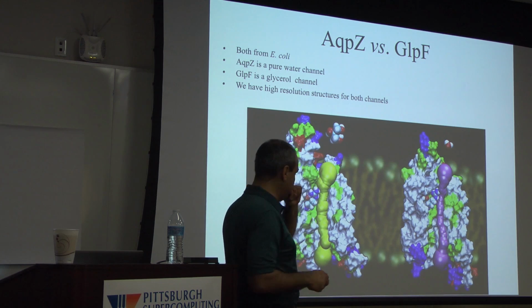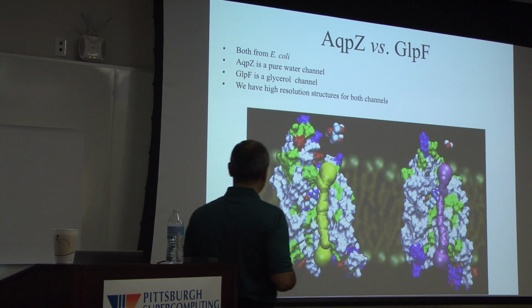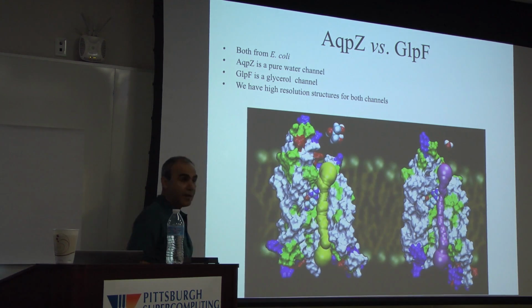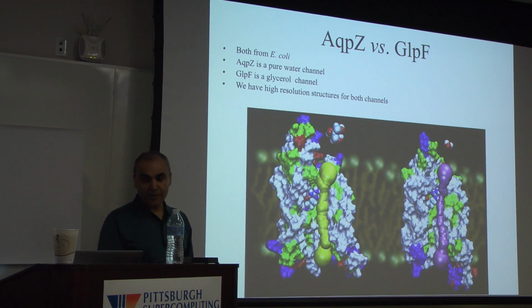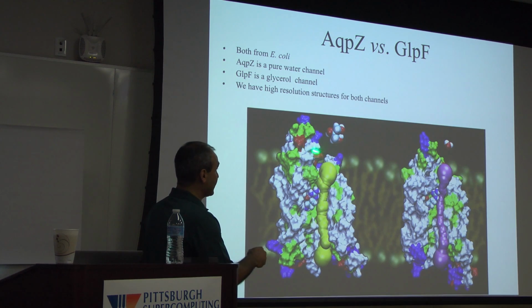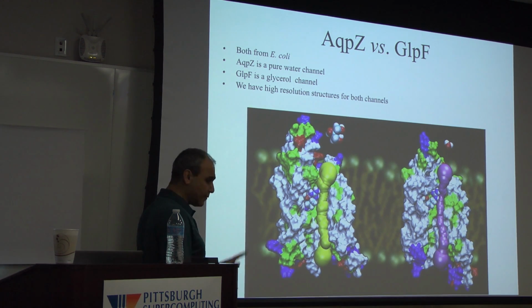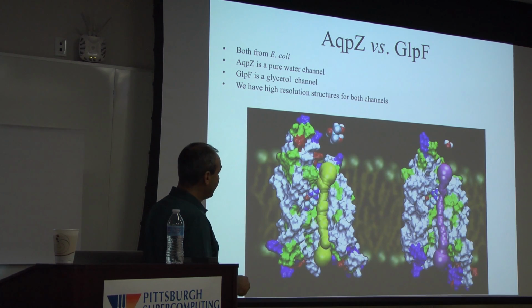So there are 550 times more water in the system. It's small, so it just goes through the channel on its own. But for glycerol, even if you go to very high concentration, so you might reach hundreds of millimolar, it's much larger, and it has a hard time going through the channel.